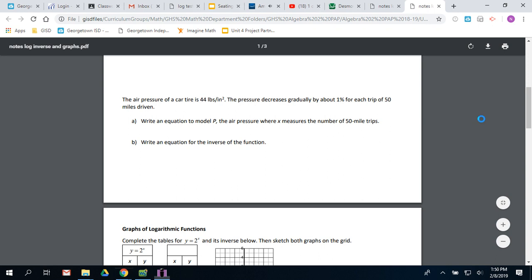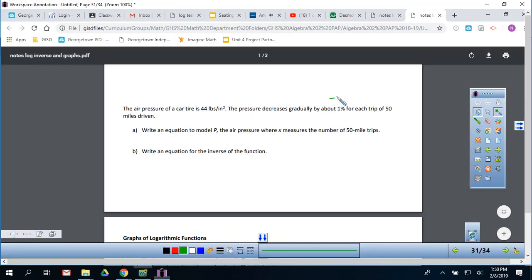So this is really minus 1%, right? We need to put that as a decimal. So what's 1% as a decimal? 0.01. Right. And we have negative. Alright, if a tire is losing air, does it lose air in spurts, or is it a continuous leak?